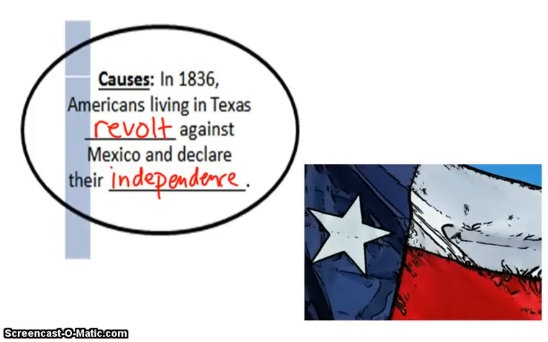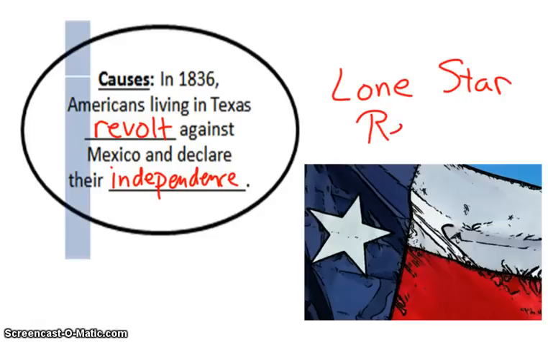Texas, which is now full of Americans, says to Mexico, we're going to be independent and we're going to start our own country. And they name it the Lone Star Republic. That's why Texas's flag today still has the single Lone Star, and they're nicknamed the Lone Star State. So Texas basically says, okay, we are now our own country.